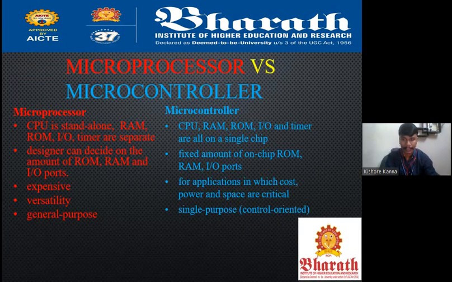And the designer can decide on the amount of ROM, RAM, and input outputs in a microprocessor system. In a microcontroller, there is a fixed amount of on-chip ROM, RAM, and input outputs. That means RAM, ROM, and input output are externally connected to a microprocessor. If the amount of data is higher while the input is being taken, we can externally change the size of RAM, ROM, and input and output ports.